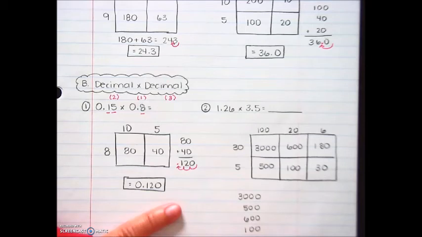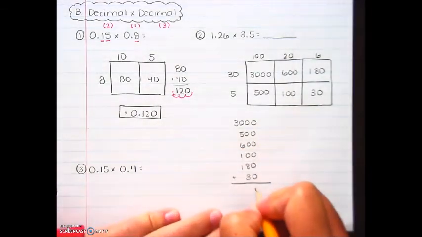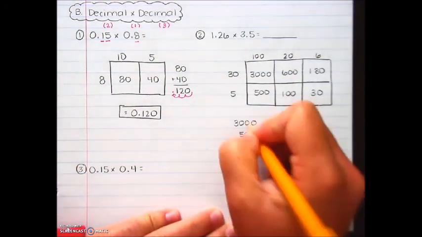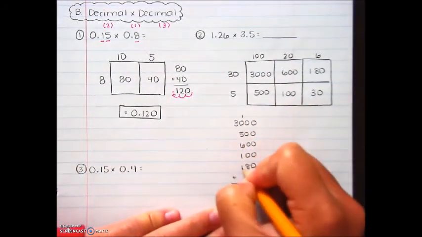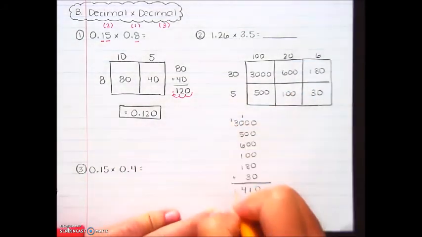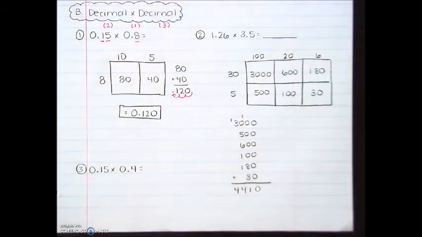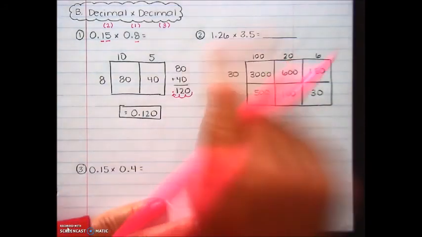180, and 30. Oops, and let me shift that paper up so you can all see the whole thing. Okay, so now I'm going to add together all of those numbers. 8 and 3 is 11. 5 and 6 is 11, plus 1 is 12, plus 1 is 13, plus 1 is 14. 3 and 1 is 4. I have 4,410, but I know that my problem at the start was not a whole number problem, it was a decimal problem.